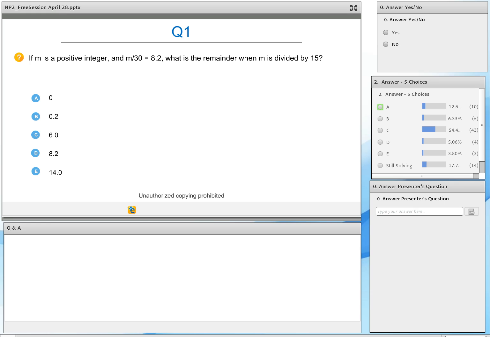Now, how many of you used the method that I had shown you earlier? Not that many, fewer people than before. How many of you calculated the value of M or one of the values of M?